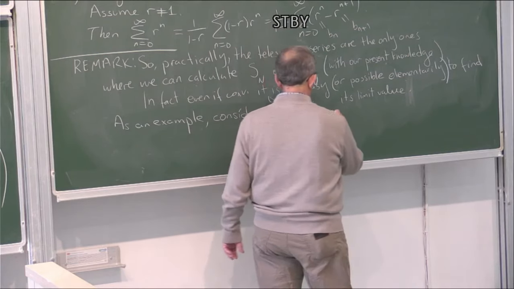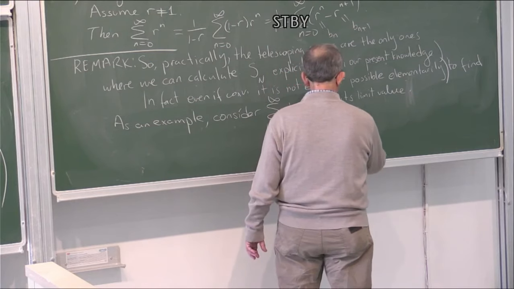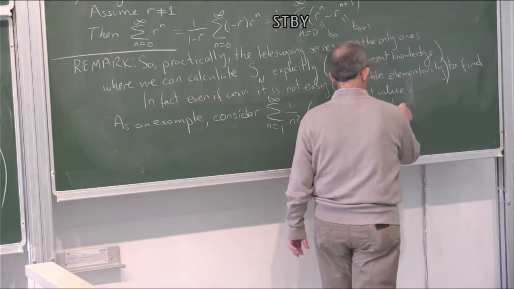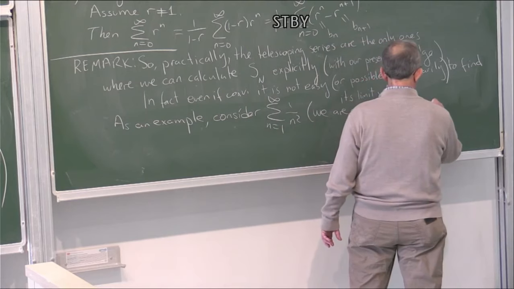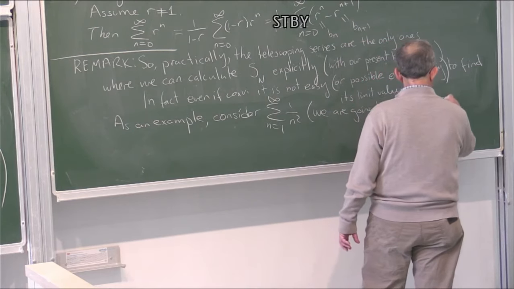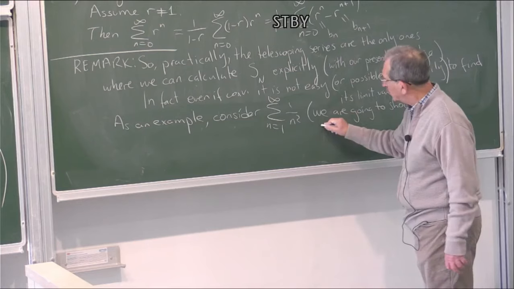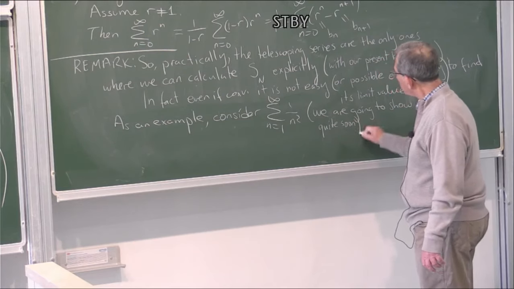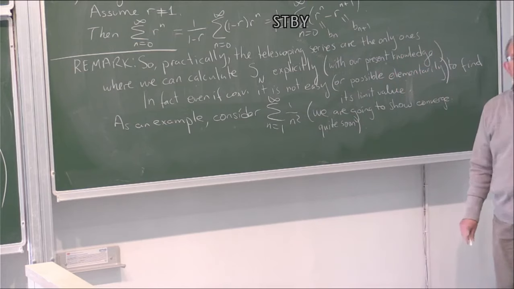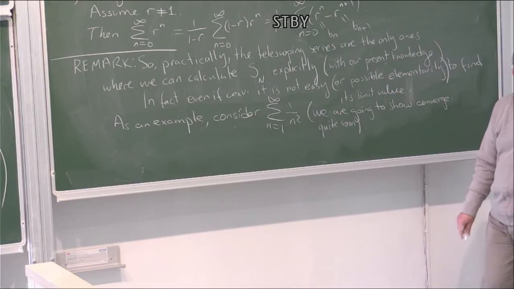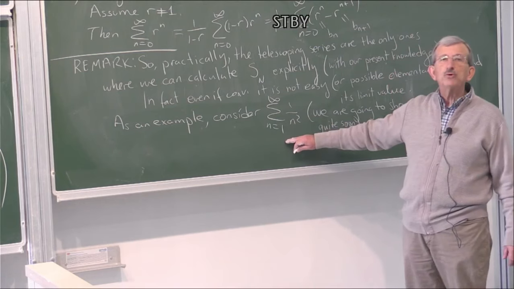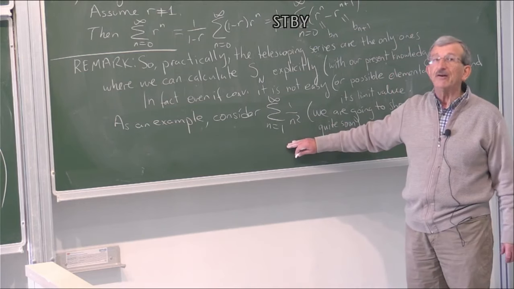We are going to show convergence quite soon. So this is a convergent series. But what the limit value is, is something one cannot observe by looking at the series directly.